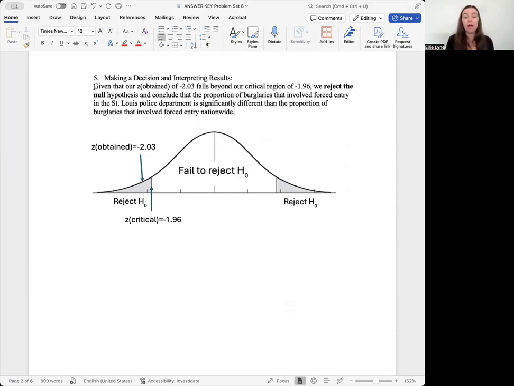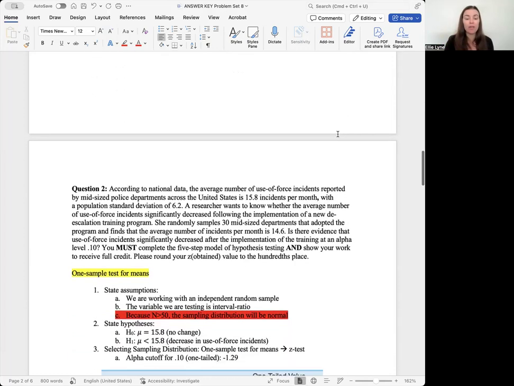And so keep that in mind. Go back to our PowerPoint slides and see those 2 examples written out. I have one for both proportions and for means, and this answer key as well, right? We're going to head to question 2 now and see an example for means, but this is how you work through each of the steps of the 5-step model. And so let's head over to question number 2.